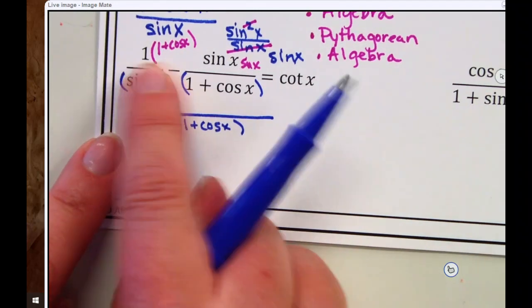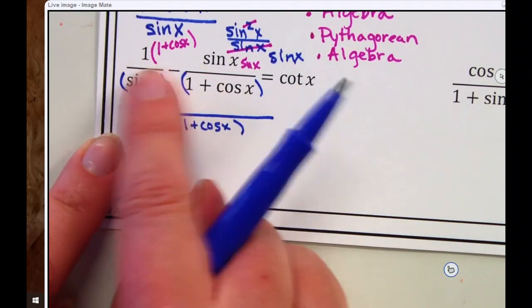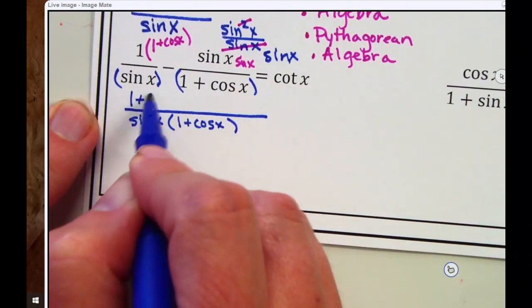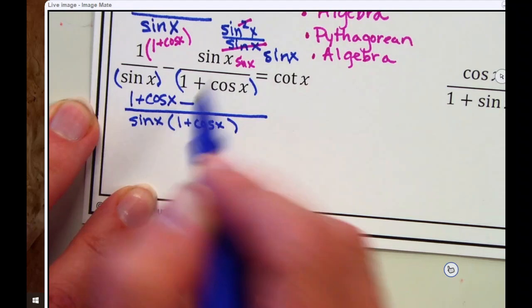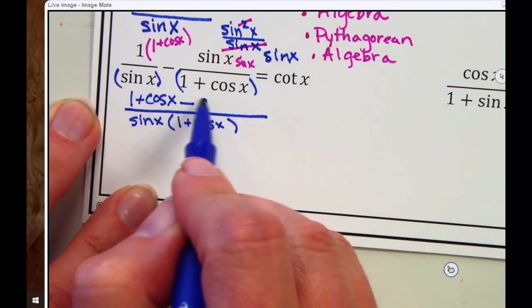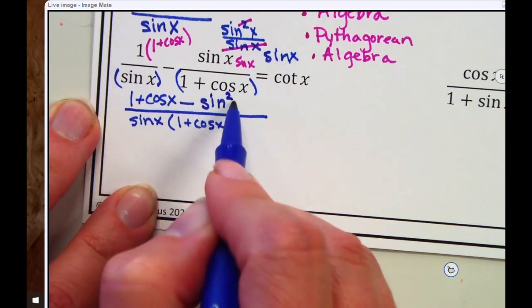Do I need to put the 1 times on this, you guys? For sure not. I can say that's 1 plus cosine of x minus, what sine of x times sine of x? Sine squared of x, yep.